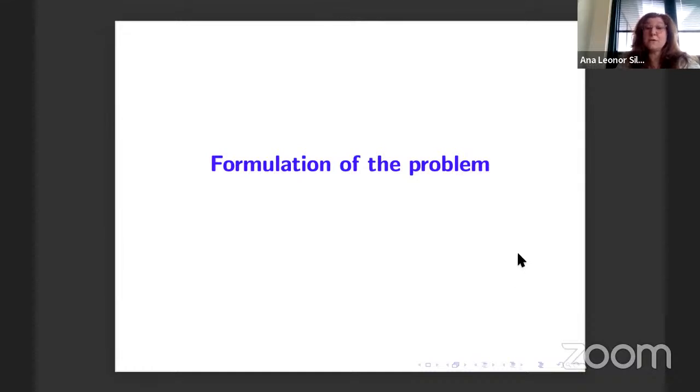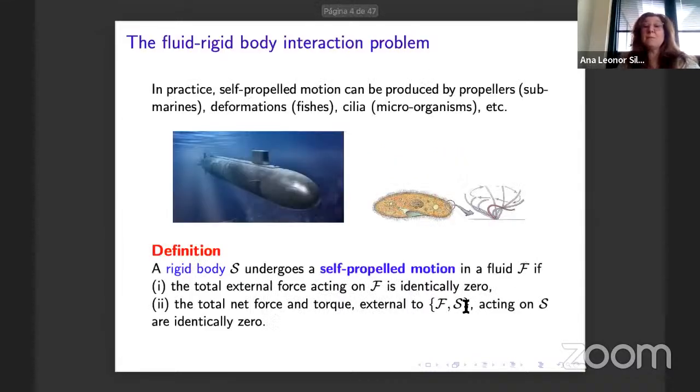Okay, so concerning the formulation of the problem, we are going to be interested in a very special fluid structure interaction problem. So what we have here is what is called a self-propelled motion. So this means that we have a solid body, which is a rigid body moving inside a Navier-Stokes liquid.